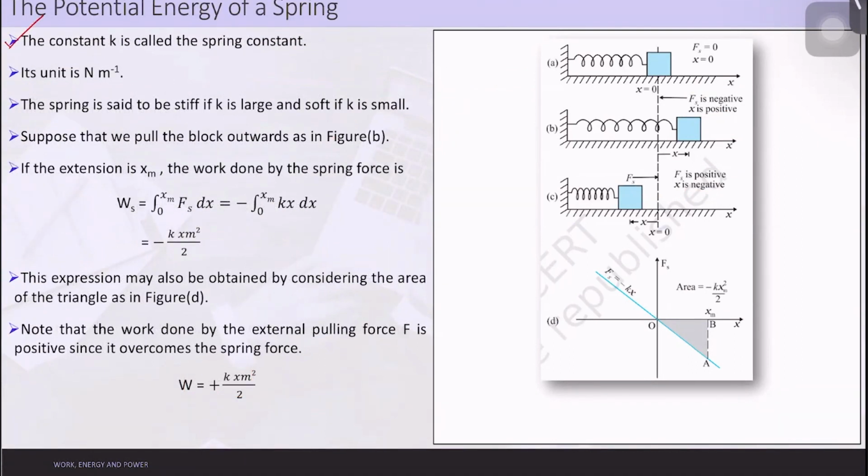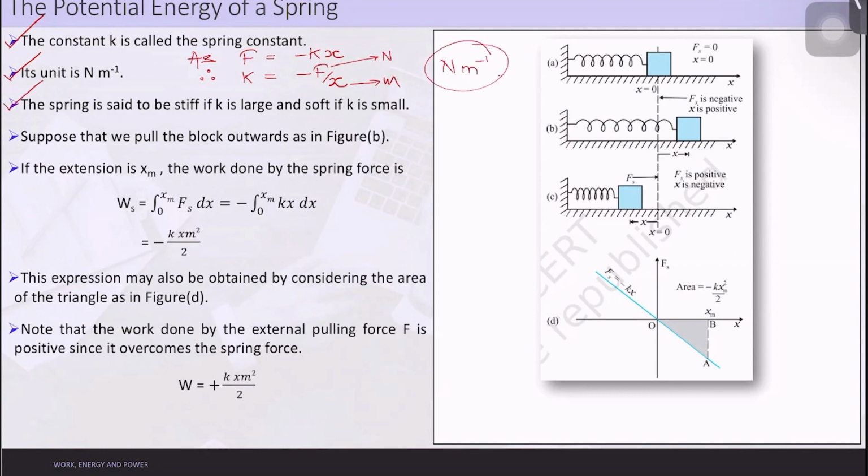So basically, the constant K is also called the spring constant. Its unit is Newton per meter. How is it Newton per meter? As F is equal to minus Kx, therefore K is equal to minus F by x. As F is in newtons and x is in meters, the unit will be Newton per meter.